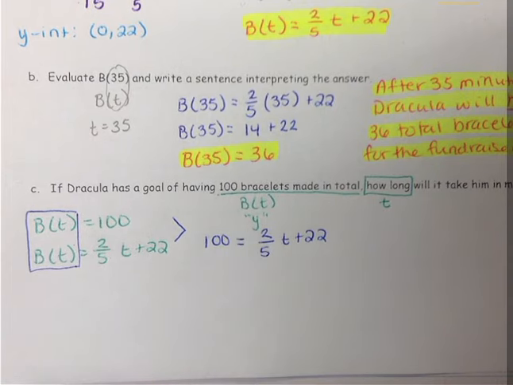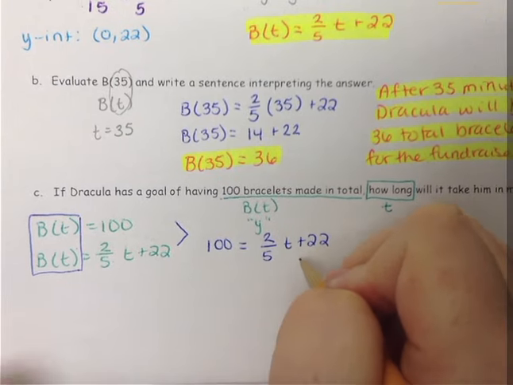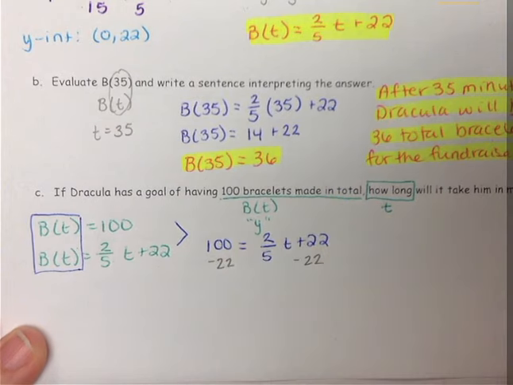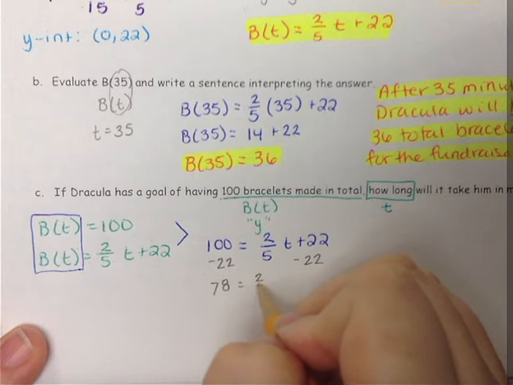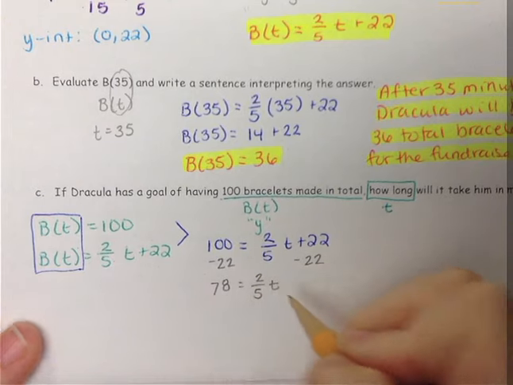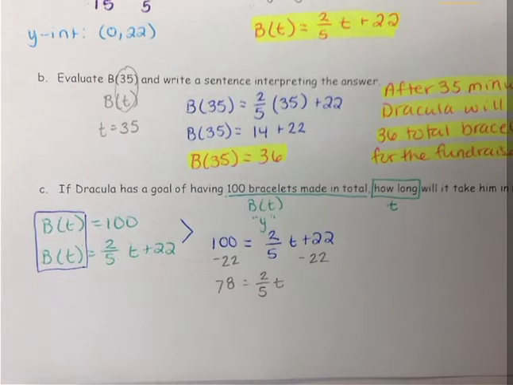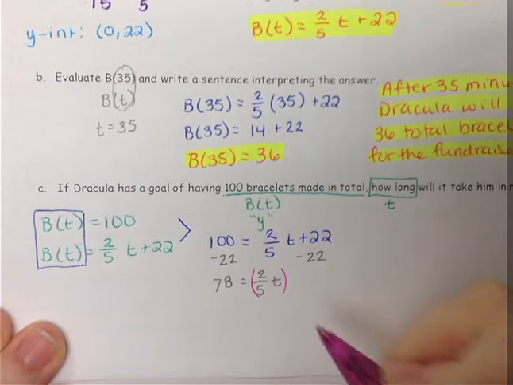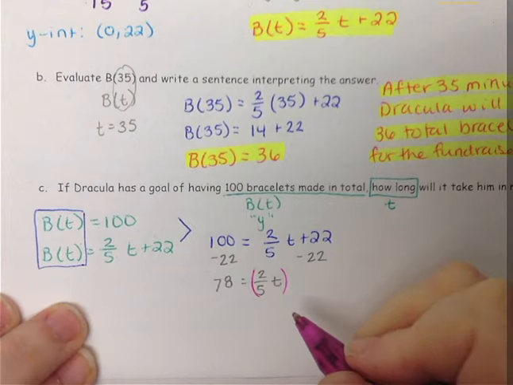Now we need to solve for that T. So to solve for that T, we need to actually subtract that 22 first. 100 minus 22 is 78 equals, we'll have that 2/5 T. To solve for T, we have a fraction multiplied to it. So we can get this fraction off of it by multiplying by the reciprocal, not the opposite reciprocal, just the reciprocal.